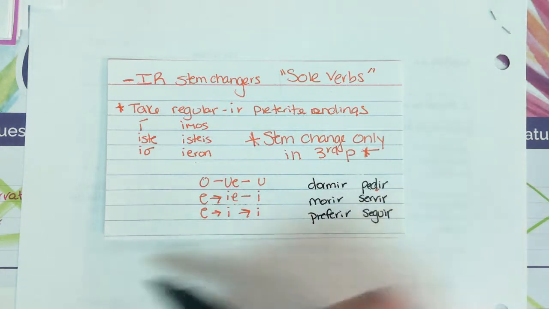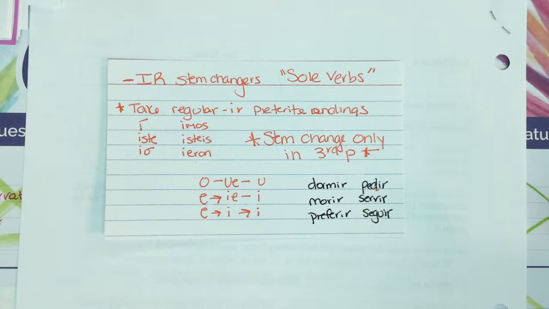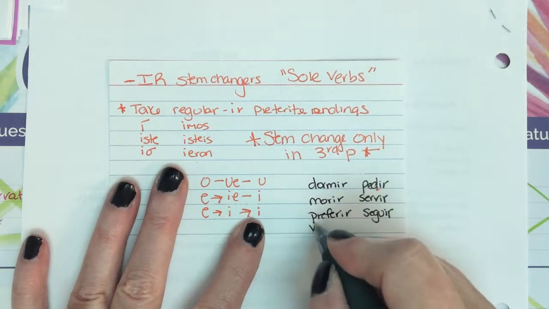And you can keep adding on here. Another big one is vestir.